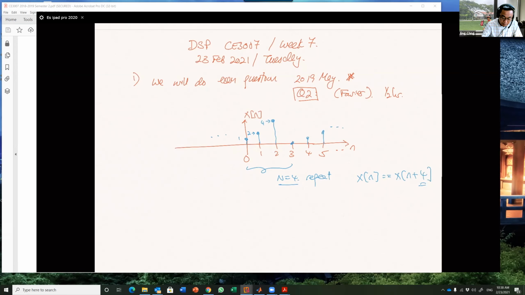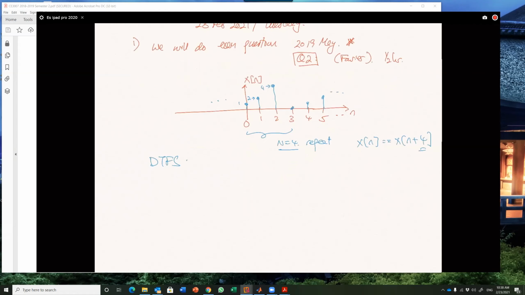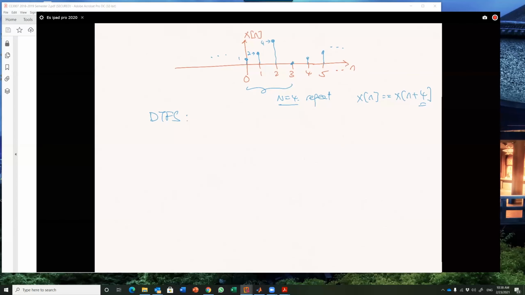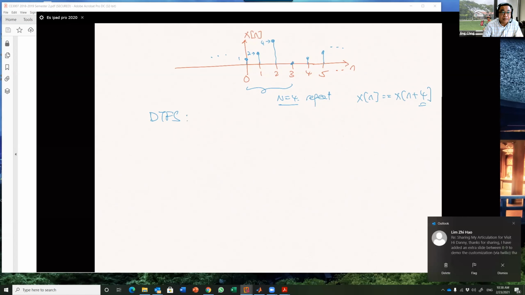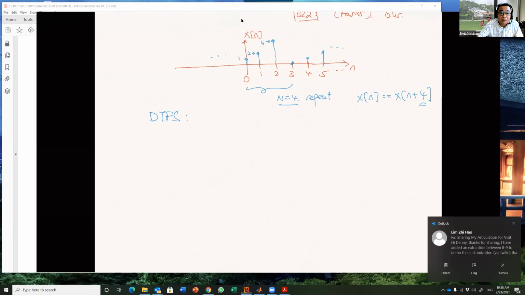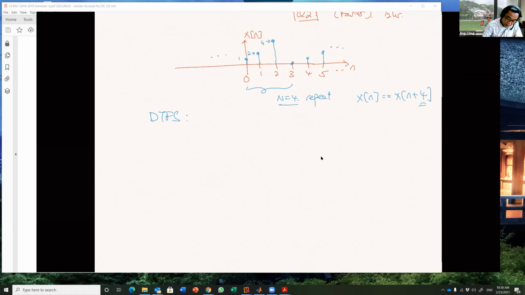Okay, once we have this, the question asks us to find the DTFS. When he asks us to find the DTFS, he's asking us to find the ck coefficients. Now, what are the ck coefficients?